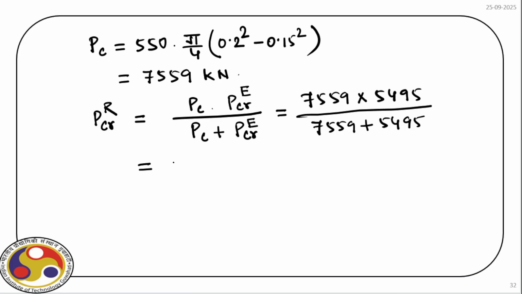So the Rankine's critical load is 3182 kilonewton.